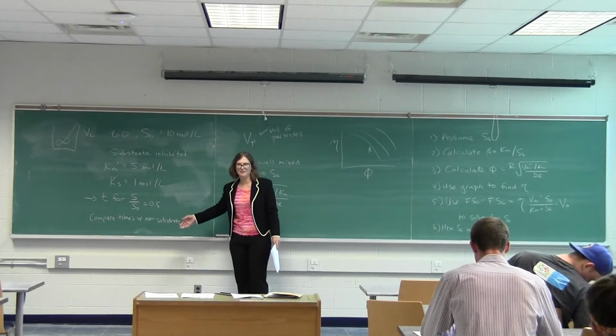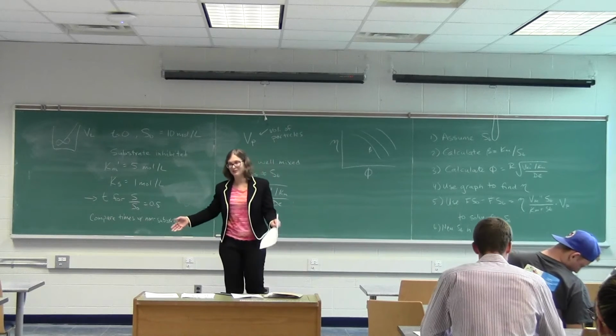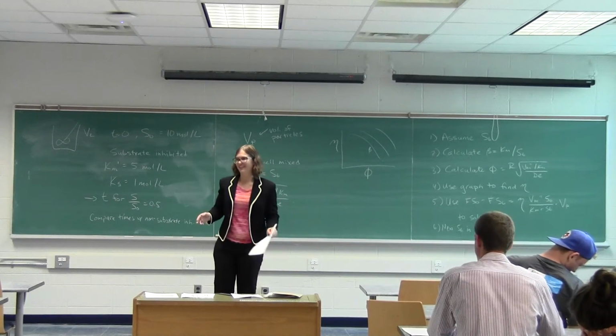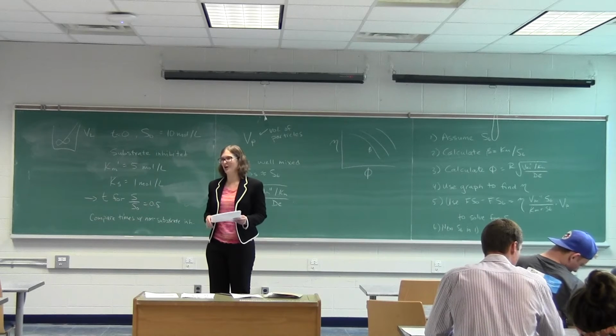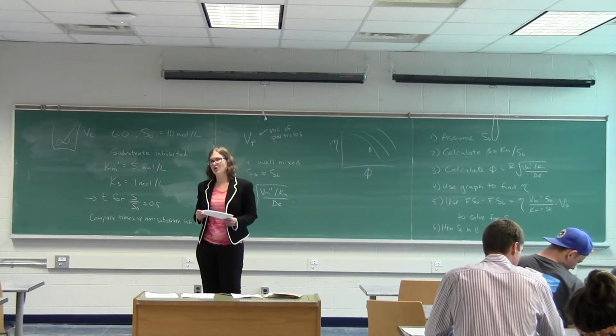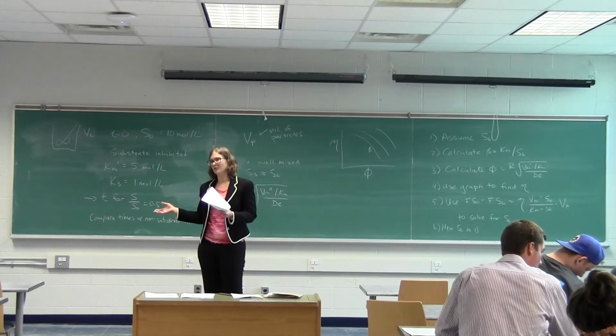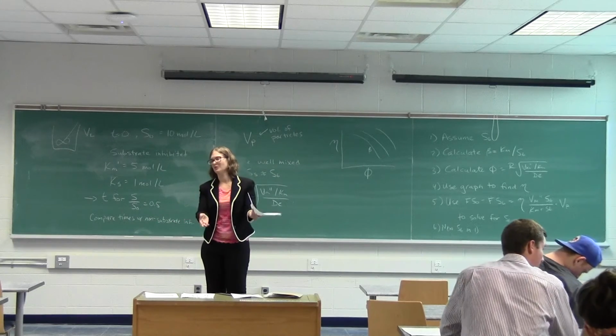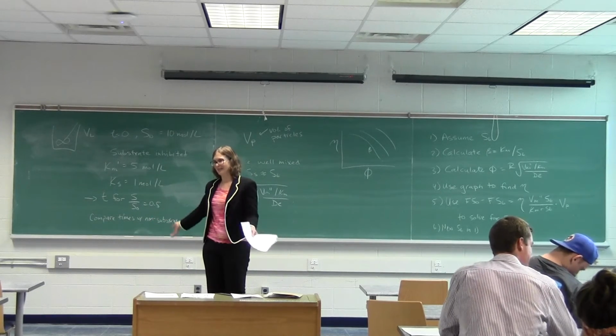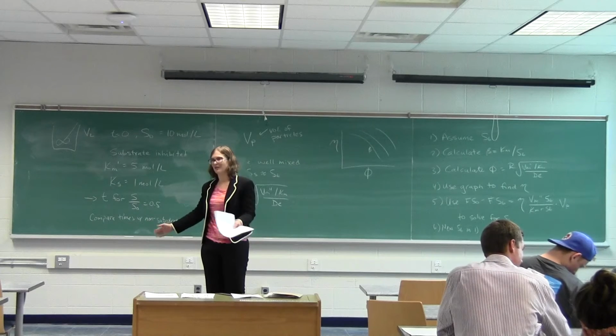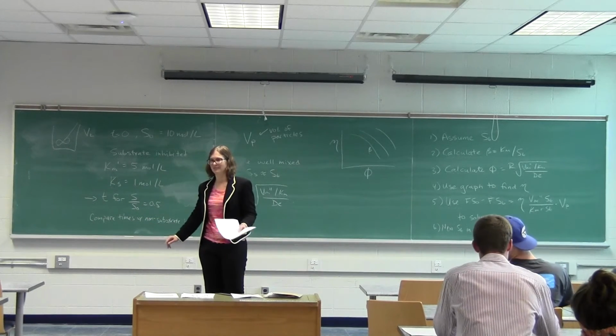If I don't say be quantitative, you just have to comment. So on this question, we would just need the equation for the non-substrate inhibited case. You could say, check out this equation, the consequence of this will be that, and then say it in words, but you don't have to use any numbers.